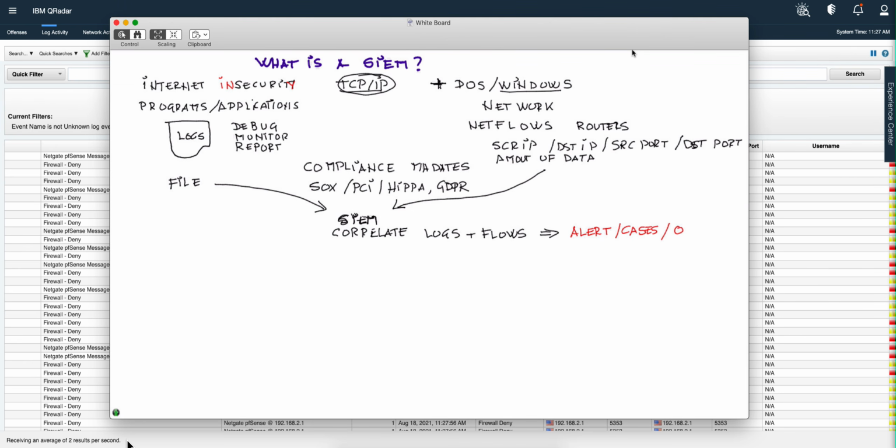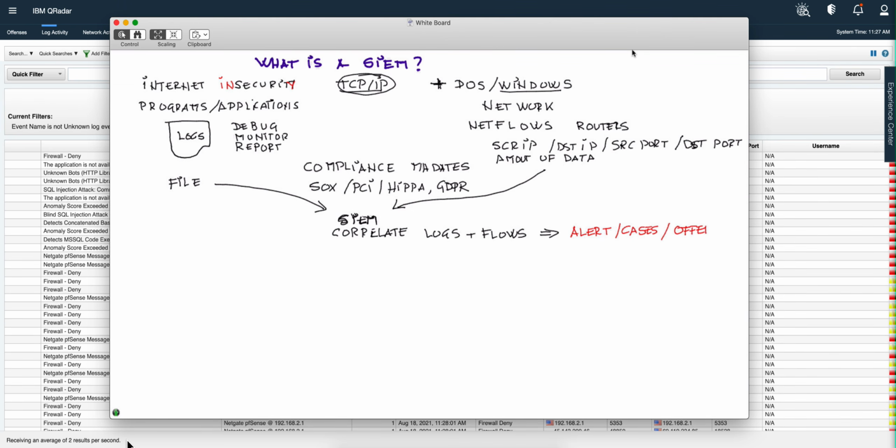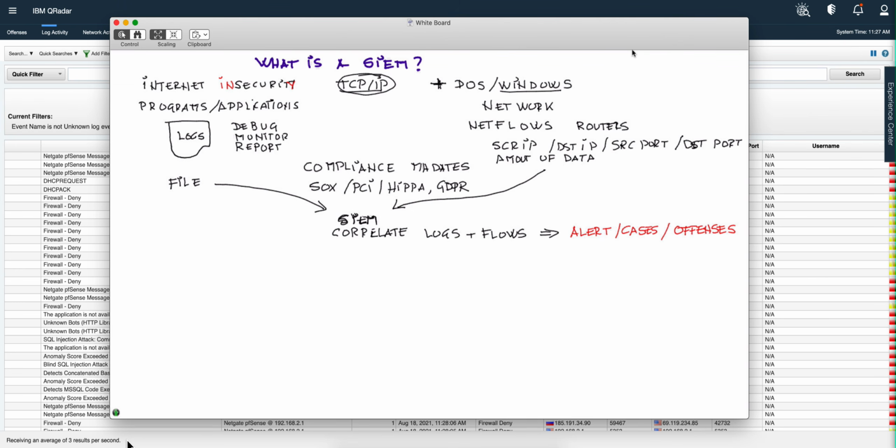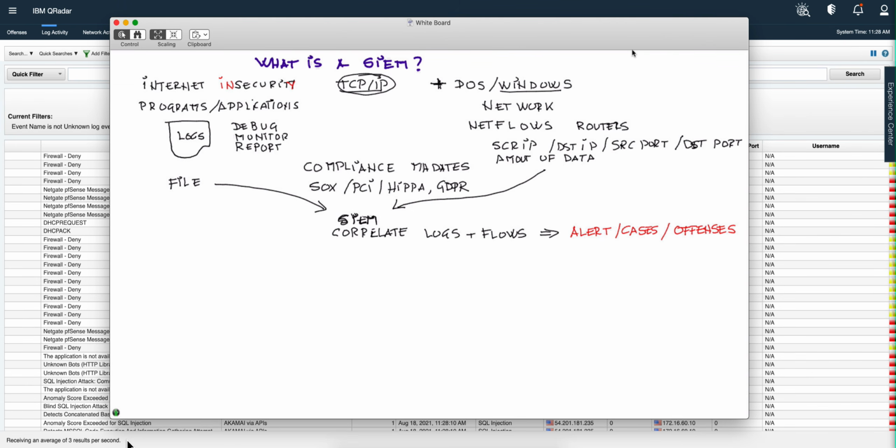In QRadar, we call those offenses. These are things that require your attention, things that we strongly invite you to investigate and look into.